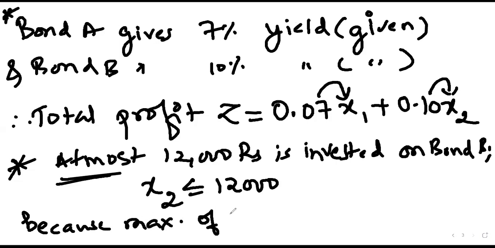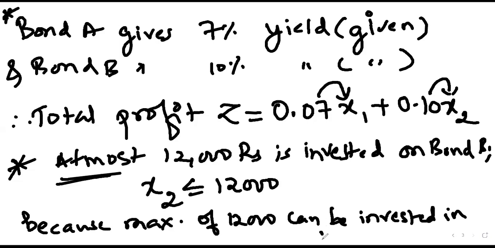Maximum of 12,000 rupees. Does everyone agree? At most means the maximum. That person doesn't want to invest more in this. Maximum is 12,000. It can be lesser than that also. Is there any doubt here?